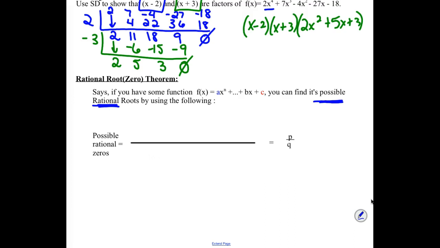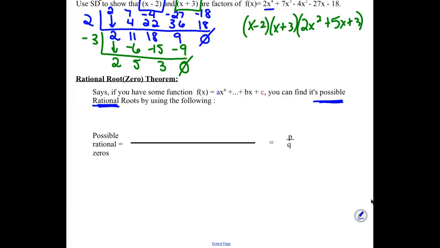Rational numbers are numbers that can be written as fractions, as ratios. So any fractions or any decimals that are repeating or ending, terminating, would be considered rational numbers. Okay? Irrational numbers would be things like the square root of 2. All right? Those are numbers that are decimals that don't terminate and don't repeat.